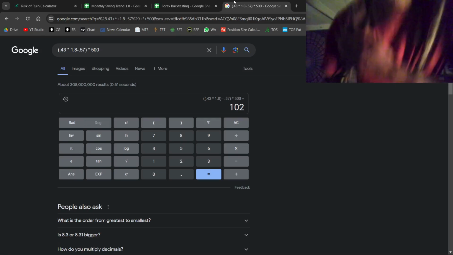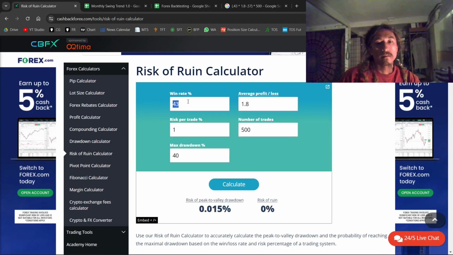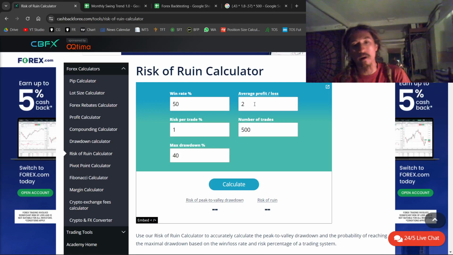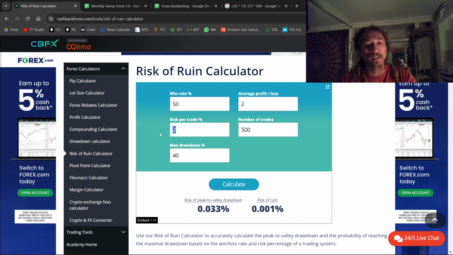Okay, now let's improve my stats a little bit. Say that I improve over the year, and I go to a 50% win rate with 2 RR. Same practice. Say I don't want a 40% drawdown. I risk 2%, it's not even going to happen.